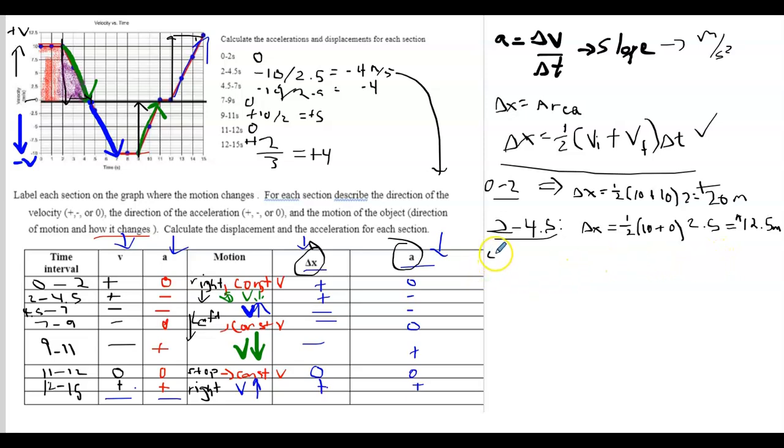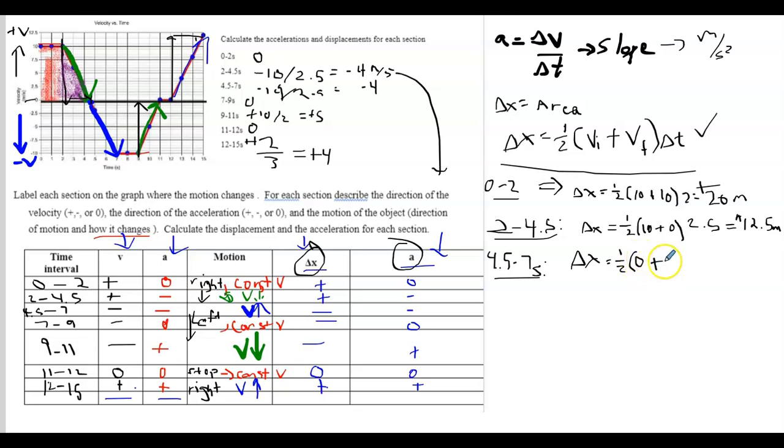Then we have 4.5 to 7 seconds as the next one. So again, same formula, delta x equals 1/2. The initial velocity is the starting velocity at 0 at 4.5 seconds.